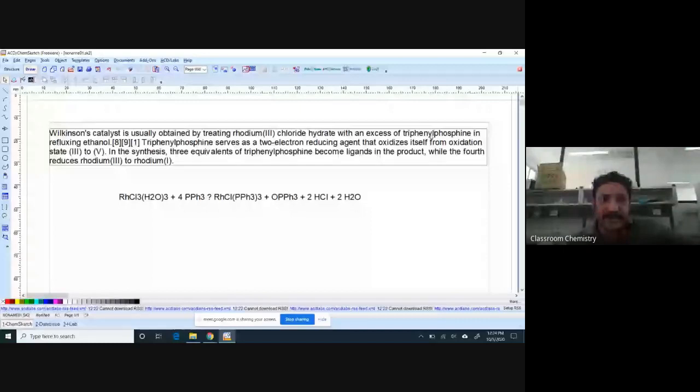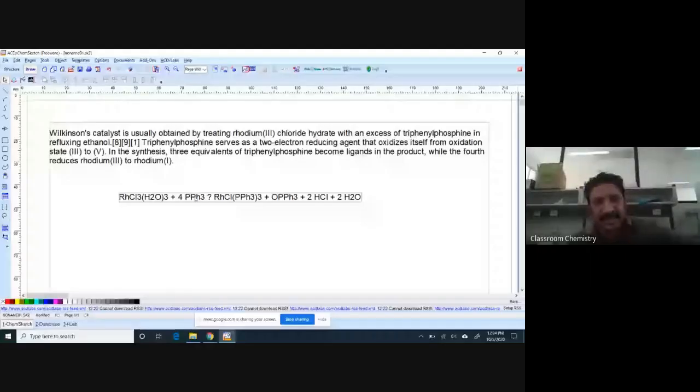Here is the triphenylphosphine, and in the presence of ethanol, you have to reflux it.